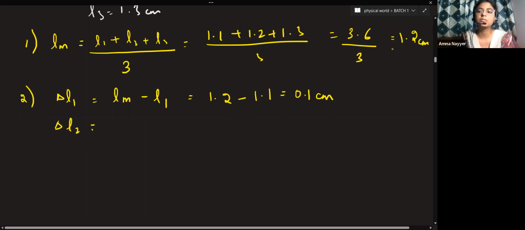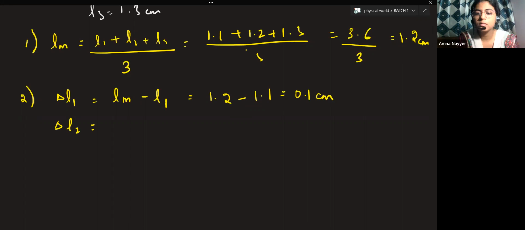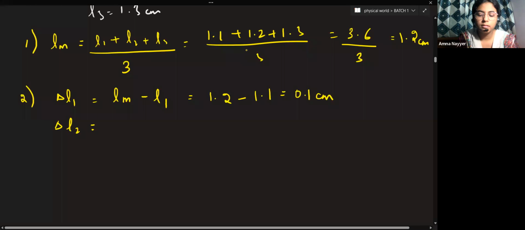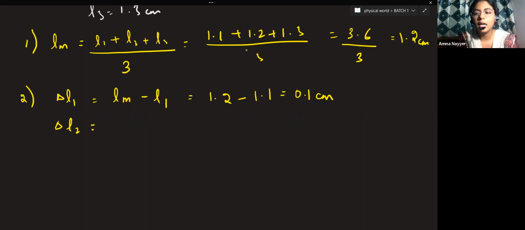Delta L2. Fahad, how will we calculate delta L2? Absolute error.